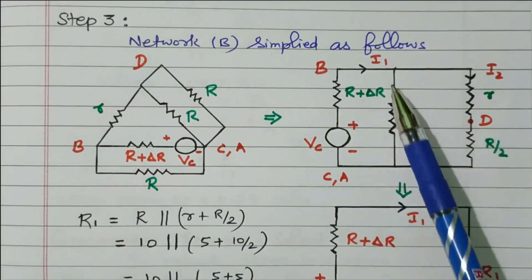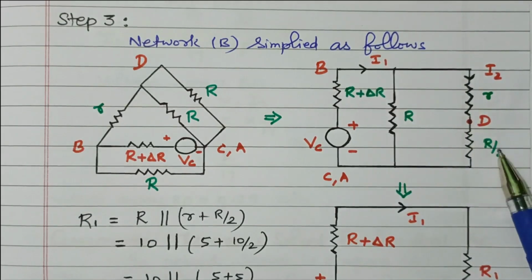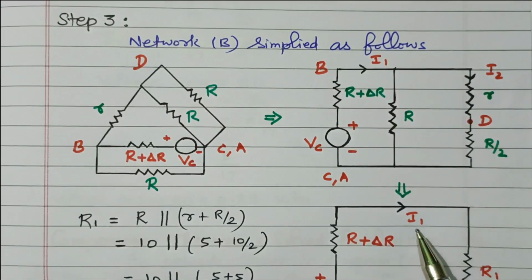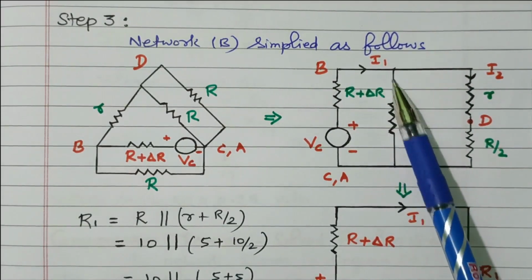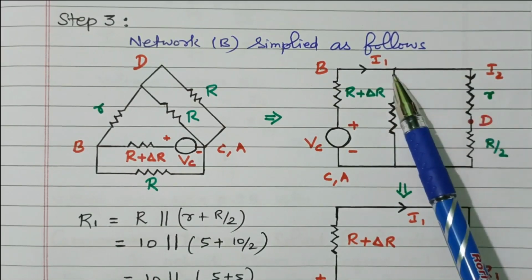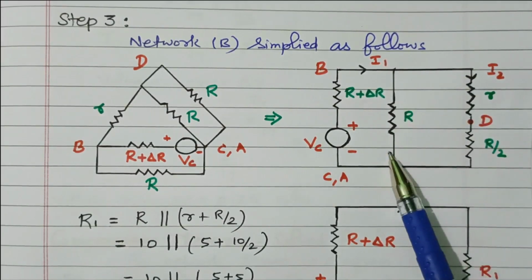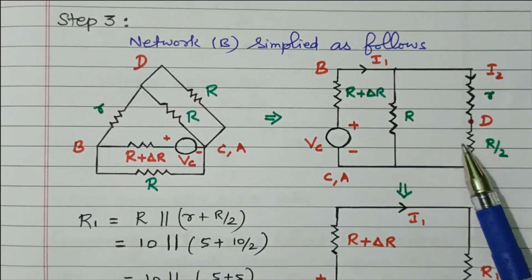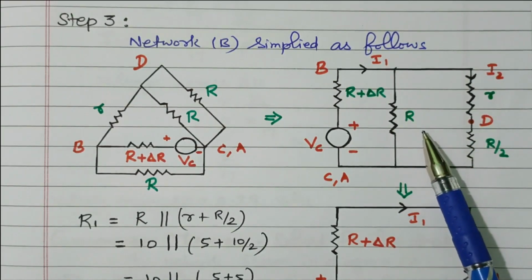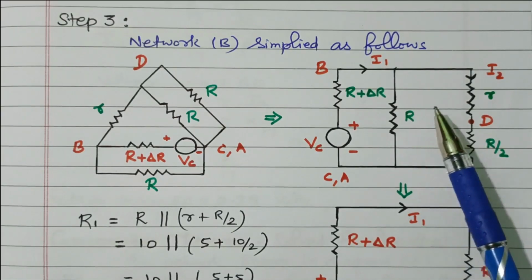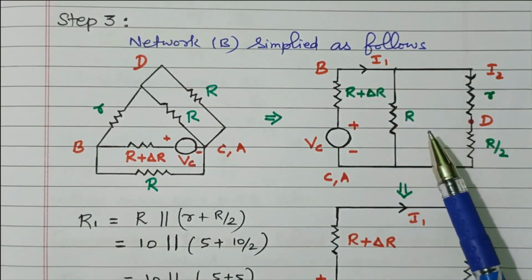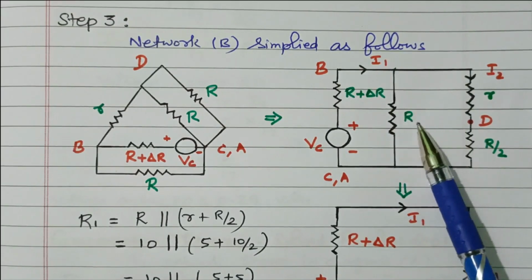So by using the current divider rule, we can find the current flowing through this small r. The total current we calculated is 2 divided by 17. At this point it will be split. One branch is R. Another branch is R plus R by 2. What is the current divider rule? The current I2 is total current multiplied by the other branch resistor, divided by the total resistance.